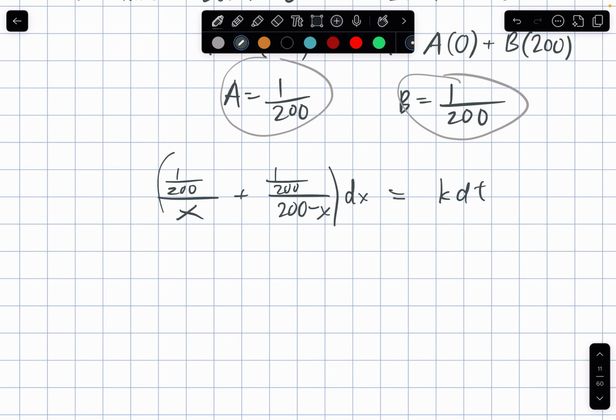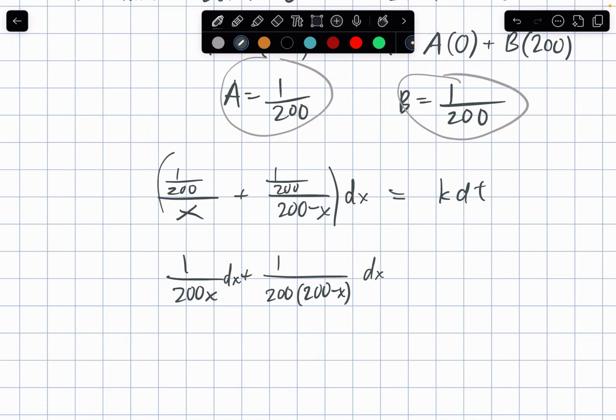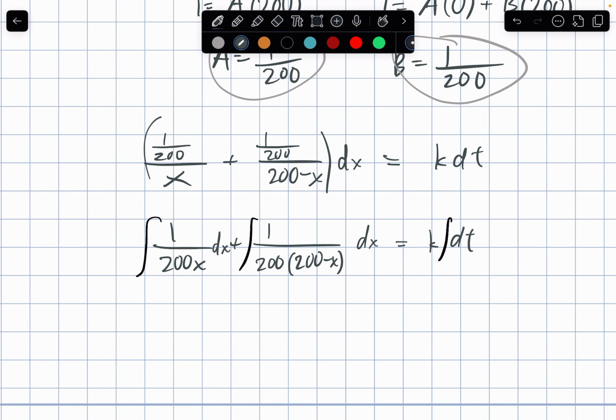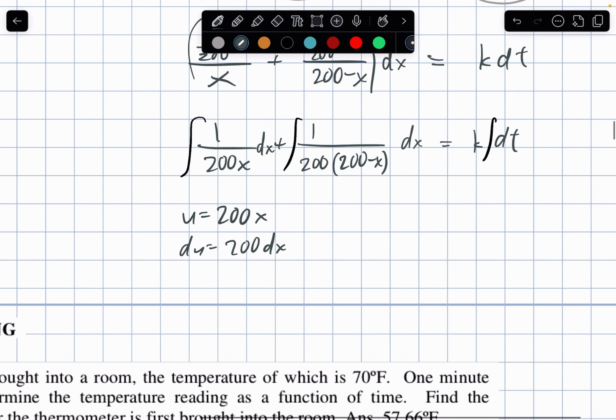Let's simplify this equation first: 1 over 200x plus 1 over 200 times 200 minus x. So integrate. u is 200x, du is 200 dx.